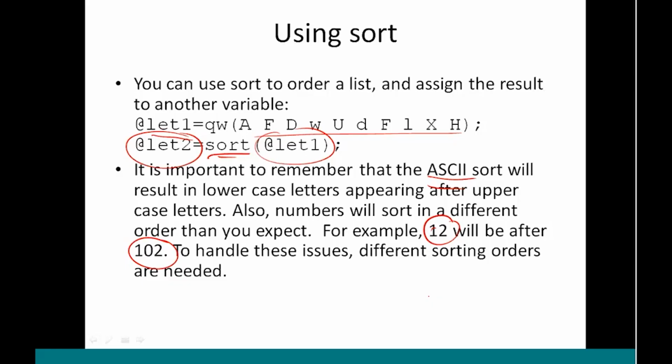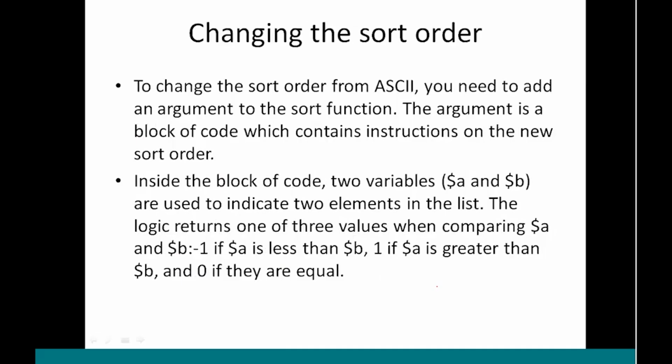So if you want to sort a different way, for example, a real numeric sort where you want to have 12 before 102, you need to have different sorting orders. For that we need to use separate parameters. We saw this briefly in the previous lecture.